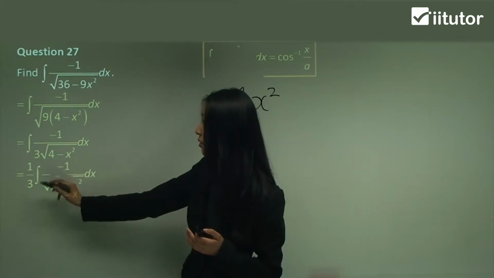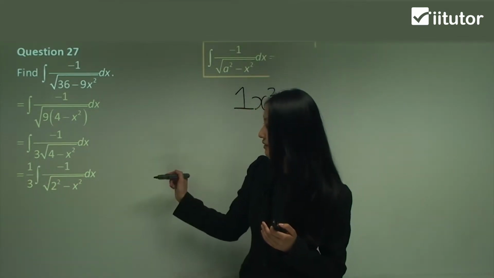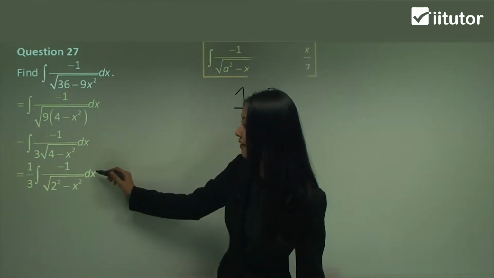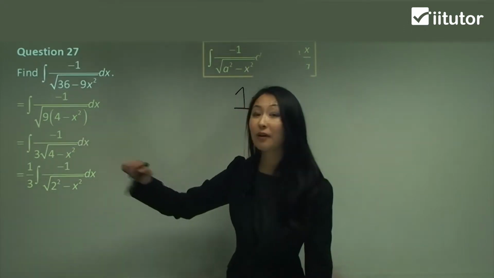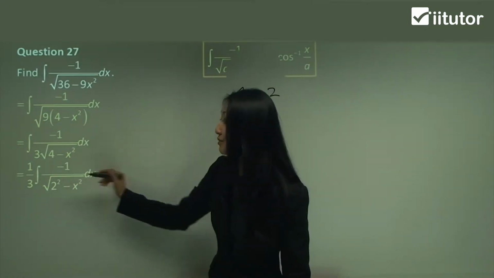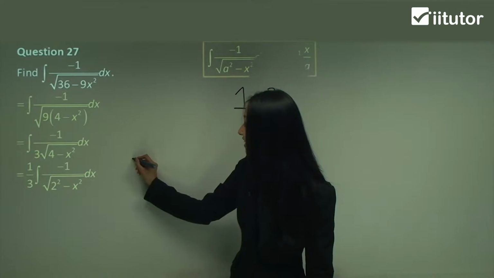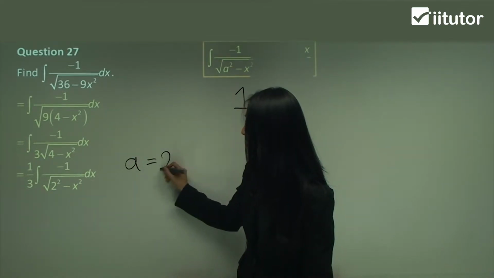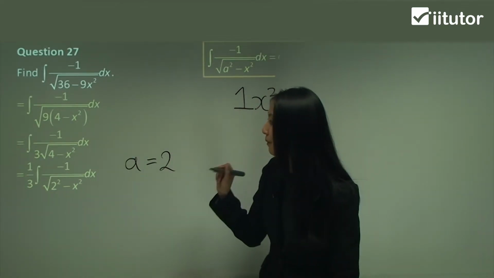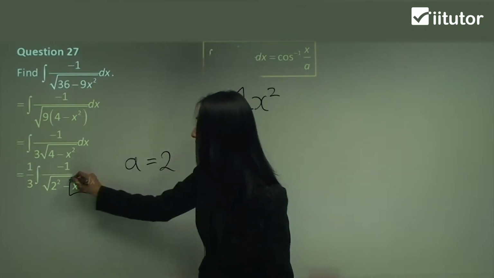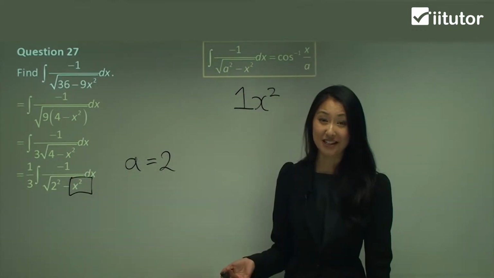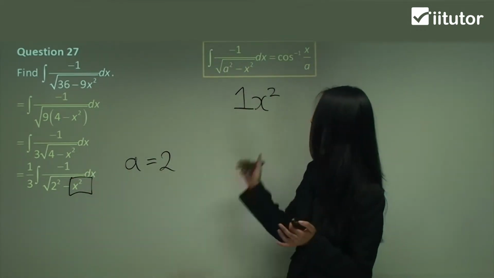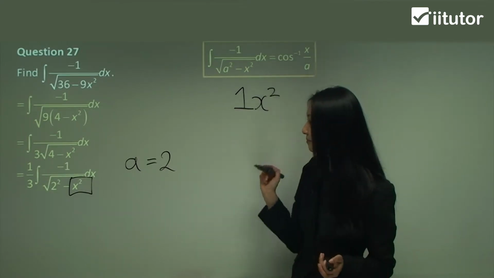So it becomes 1/3. So now you have -1 on this, and 4 can also be written as 2 squared, yeah? So now I know that a equals to 2, and importantly, this x squared is by itself without any coefficients in front, which means I can actually apply this equation up here.